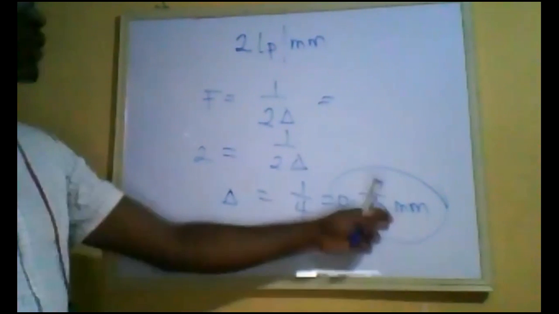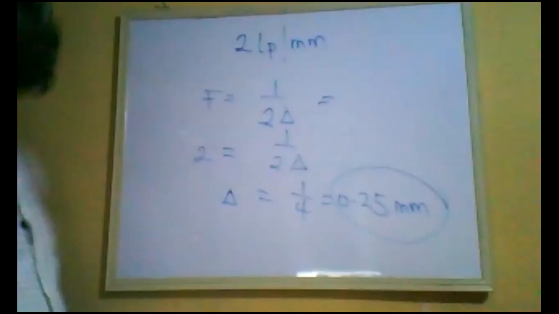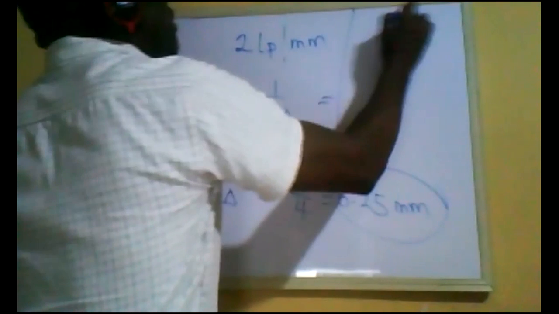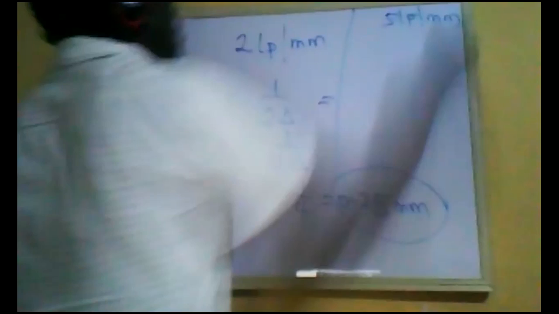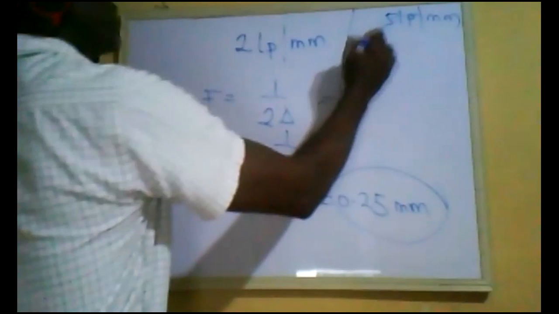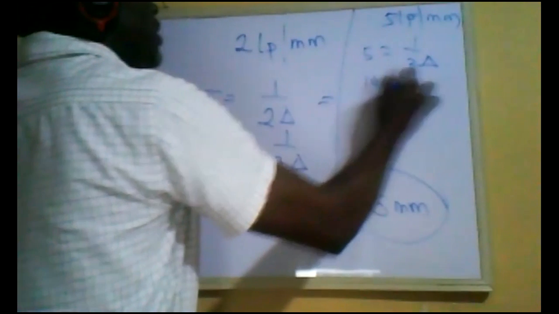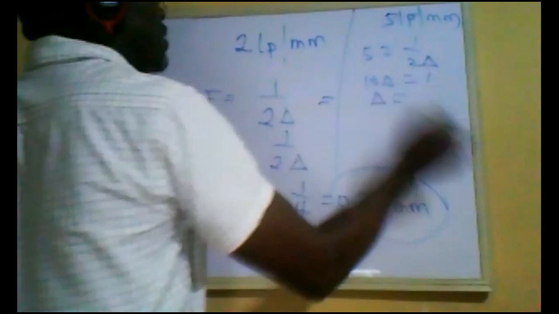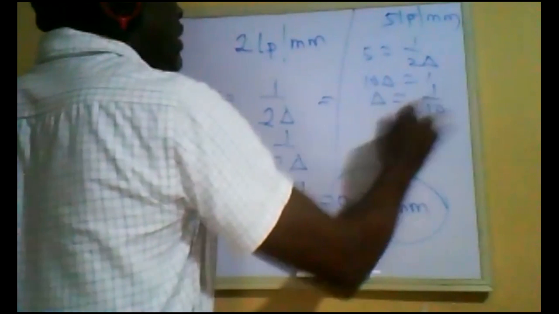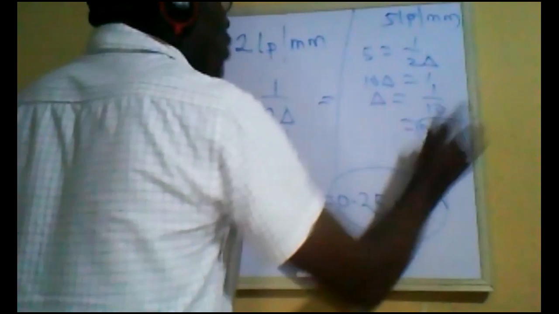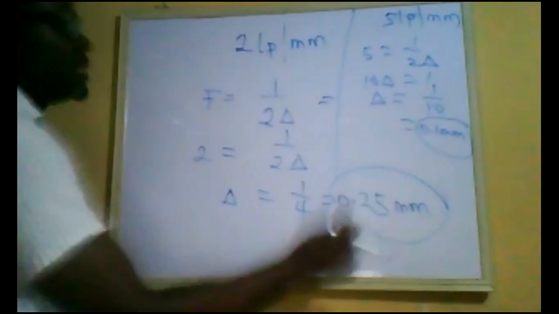But you can't compare it to a machine that has 5 line pairs per millimeter. That one is going to be 5 equals 1 over 2 delta, so 10 delta equals 1, which is 1 over 10, or 0.1. This one can resolve as small as 0.1 millimeter, which is better than this.